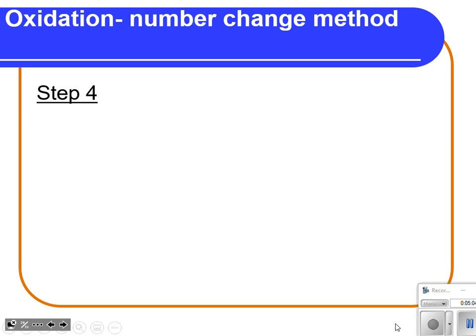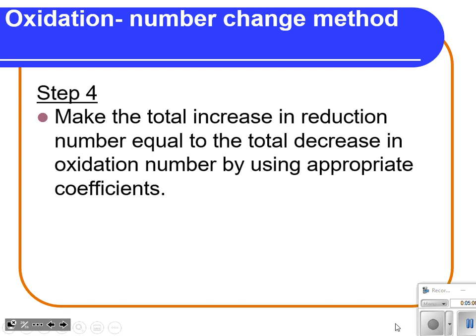The 4th step is to make the total increase in oxidation number equal to the total decrease in oxidation number by using appropriate coefficients. Probably the thing that you're going to do with this is to find, in math terms, the least common multiple of these numbers.